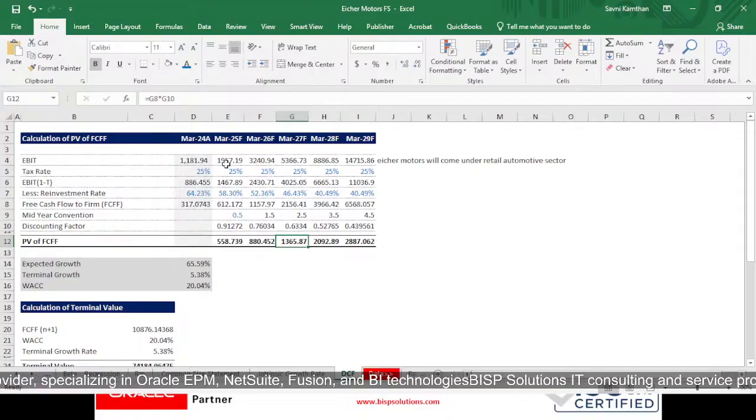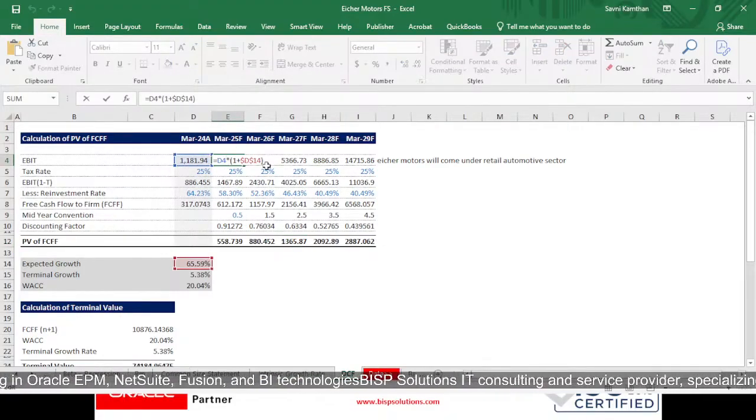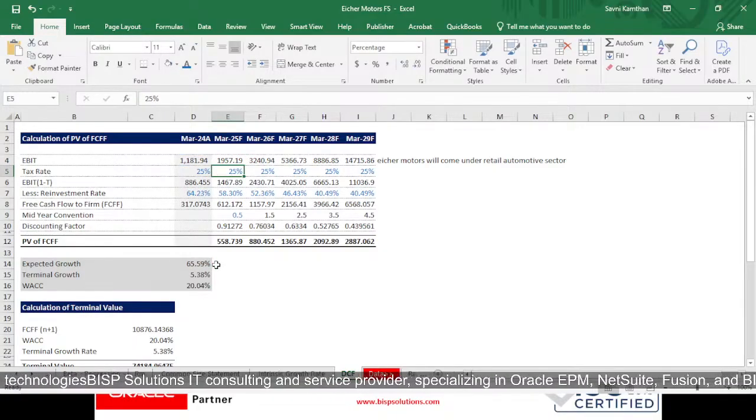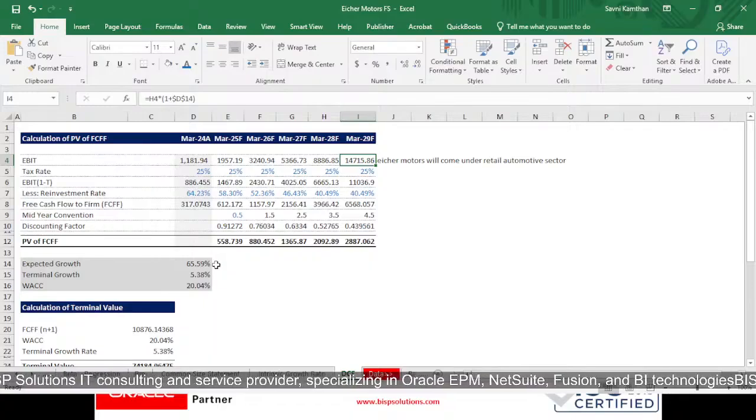So now if I want to calculate for my March 25, I will be calculating it by EBIT of March 24 actual data into 1 plus my expected growth rate, which is absolute anchored, and I have dragged it till the March 29 forecasting, right? And the tax rate will be the same, right?